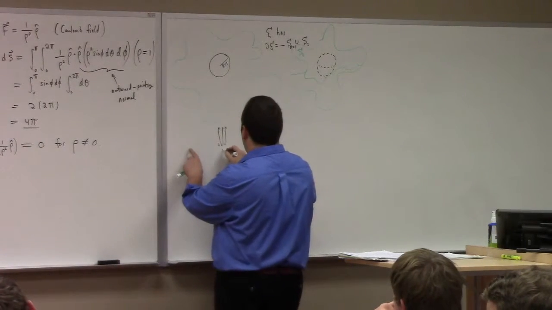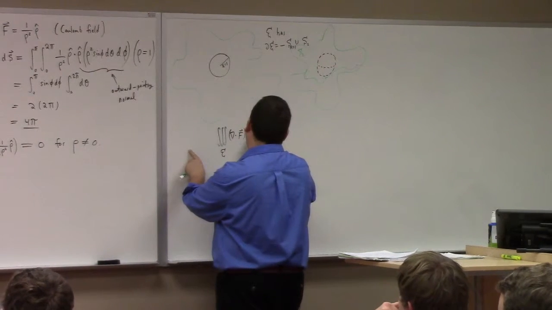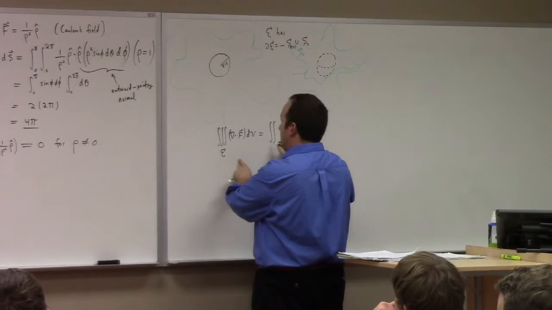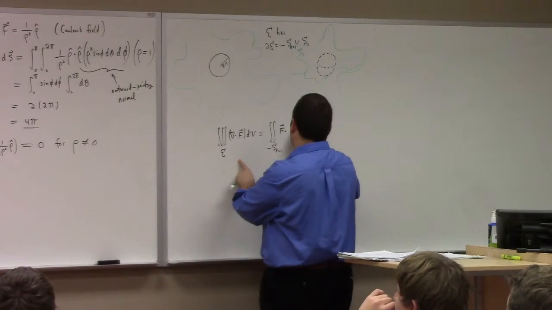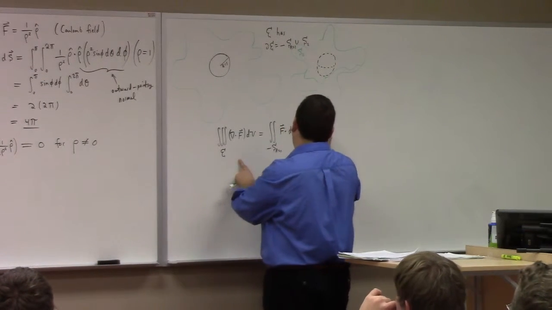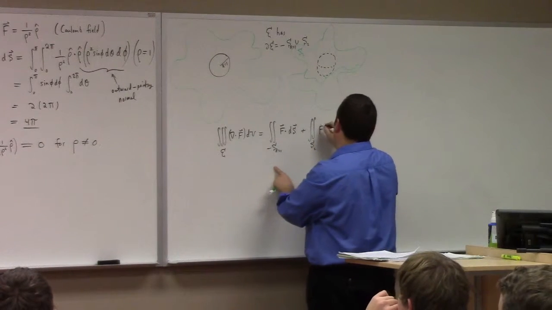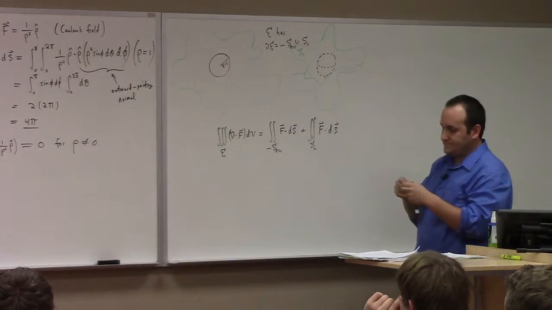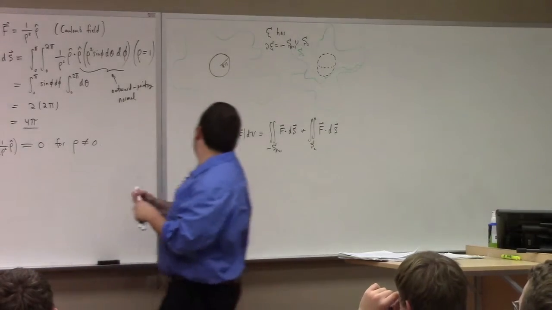So the integral over E of the divergence of f is equal to the double integral over minus S R equals 1 of f dot dS, plus the integral over S2 of f dot dS, right? And this is 0.